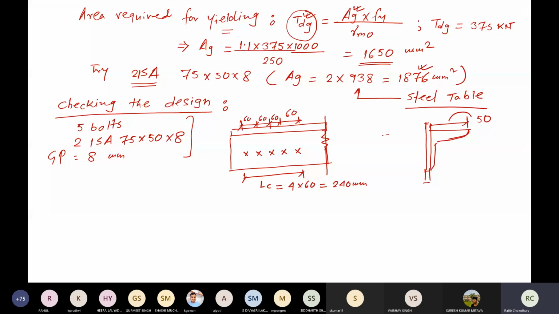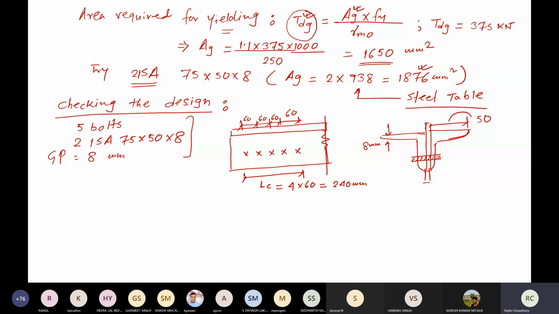It would be connected at both the places or both the sides. Now over here I am providing the bolt. What is the thickness? This is the thickness of the angle, which is 8 mm.